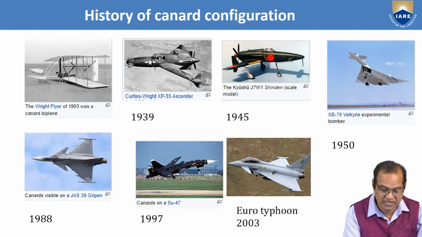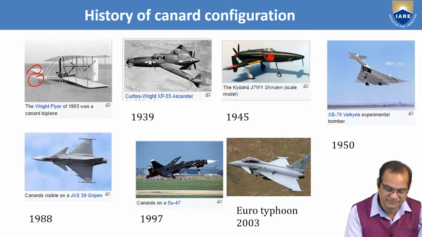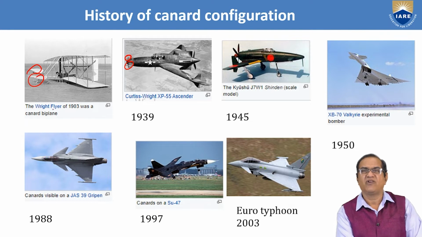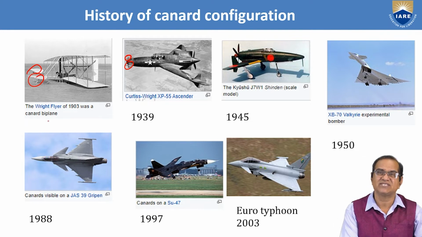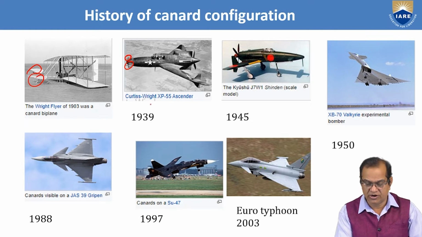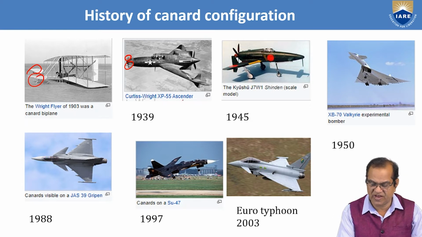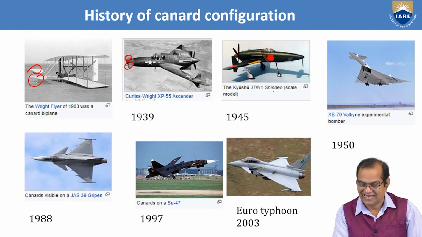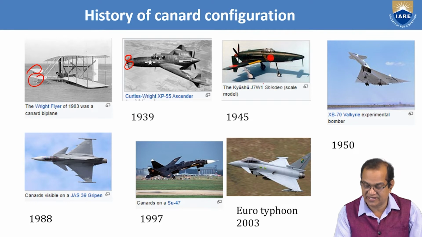If you see here, these are the canards. Here we have the canard. So the Wright Flyer of 1907 was a canard biplane. Then the Curtiss-Wright XP-55 also used the canard far forward. Then the Yungshu, Sinden scale, also use the canard here.